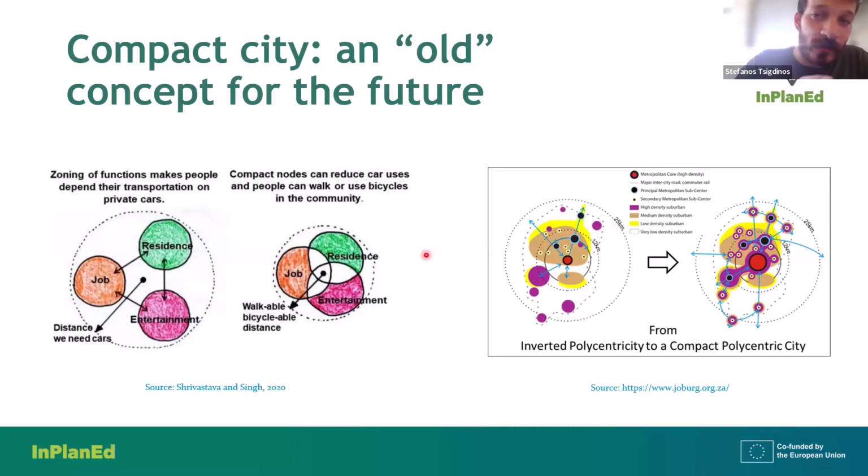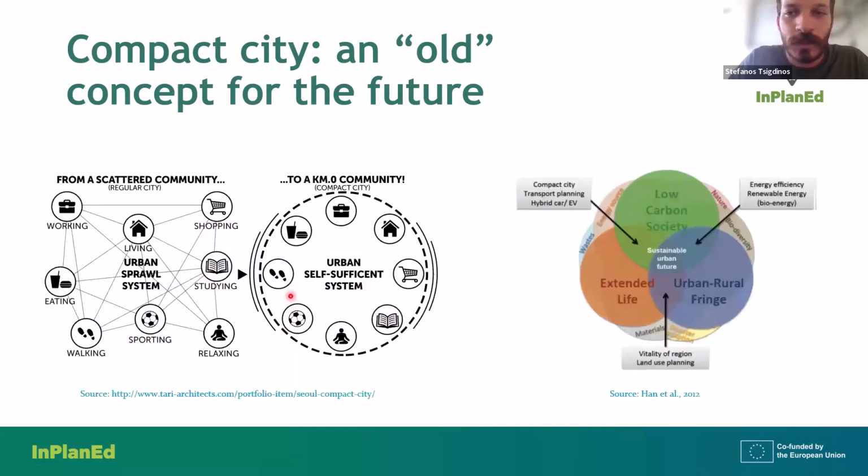And in the left diagram, we have to change our traditional zoning system, because otherwise cities could expand endlessly. So we have to be more concise, be more compact, and have some intersections in our areas, just like the diagram demonstrates. Some other diagrams as well.